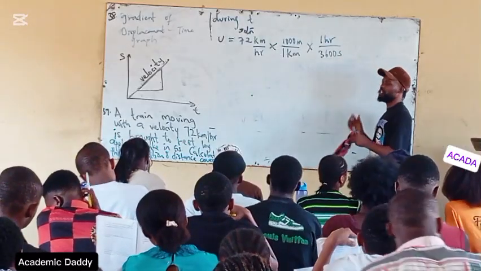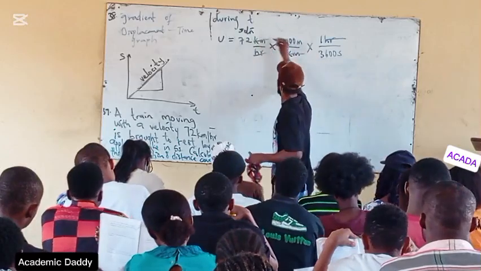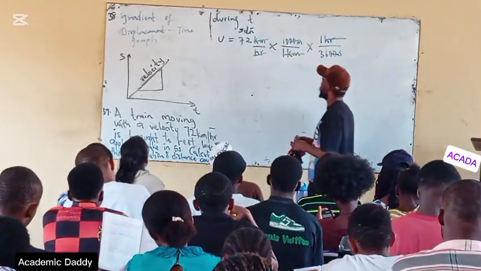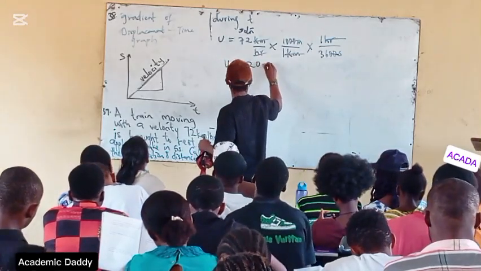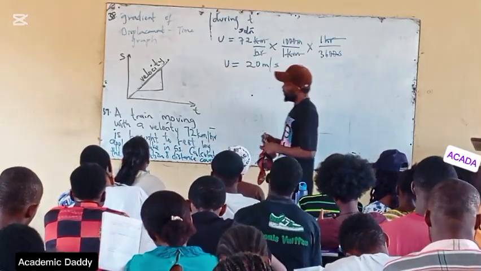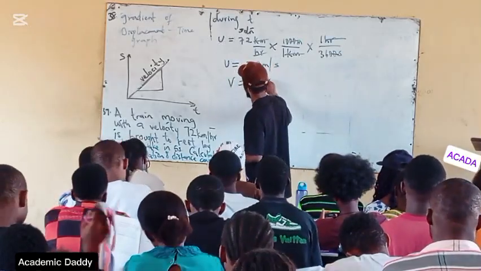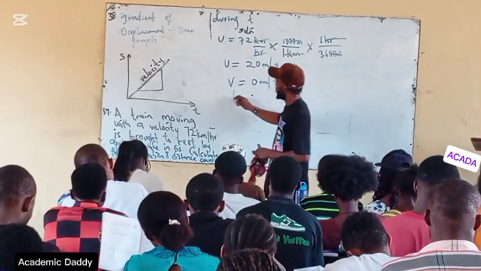So you see, I've placed it in a way that hour can cancel hour, kilometer can cancel kilometer. Is it not true? This can cancel 2 zeros. So U equals 20 meters per second. Then brought to rest means that V is equal to 0 meters per second. Then T is equal to 5 seconds.